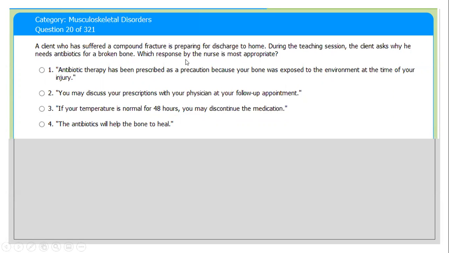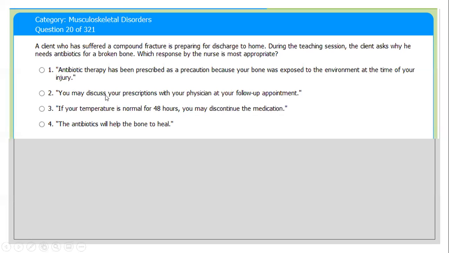Which response by the nurse is the most appropriate? Number 1, antibiotic therapy has been prescribed as a precaution because your bone was exposed to the environment at the time of your injury.